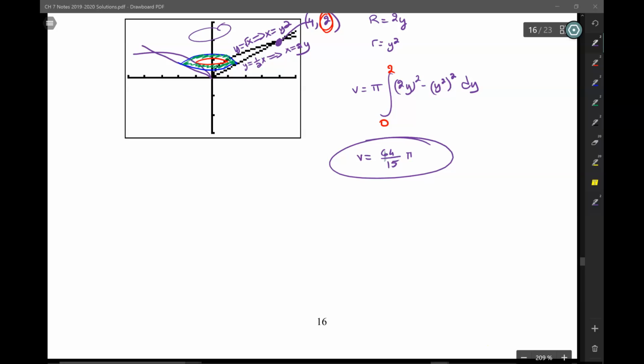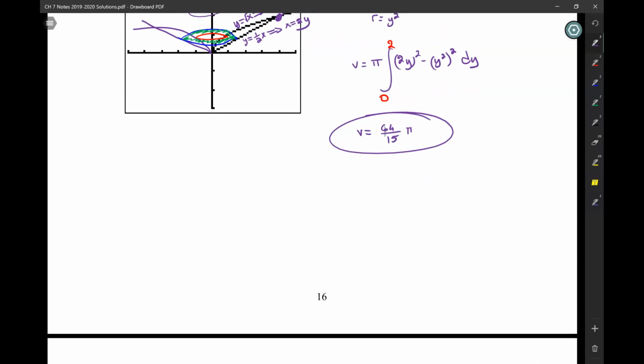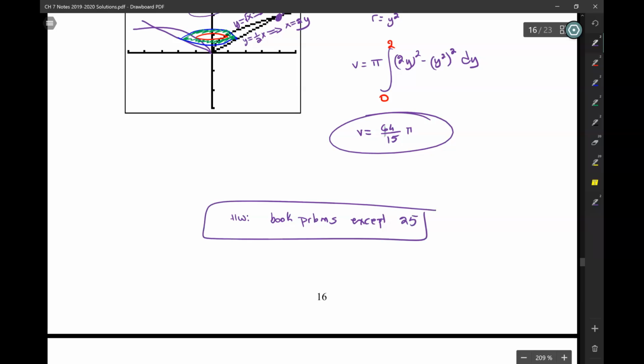It's only 21 followed by 25 anyway, so you just do 21 and 25 out of order. So, for homework, do the book problems except 21. And I actually do want you guys to start now.